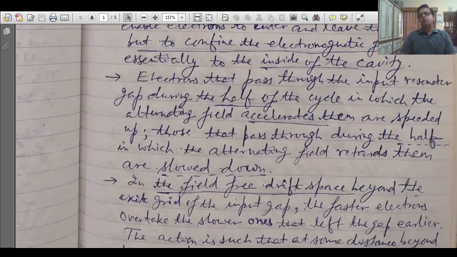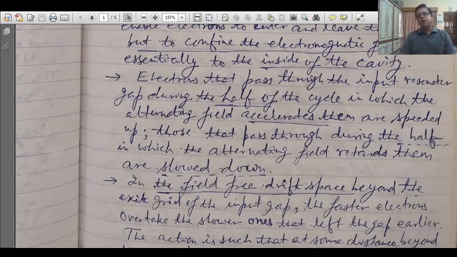Electrons that pass through the input resonator gap during the half of the cycle in which the alternating field accelerates them increase in speed, and those passing through during the half in which the alternating field retards them are slowed down.